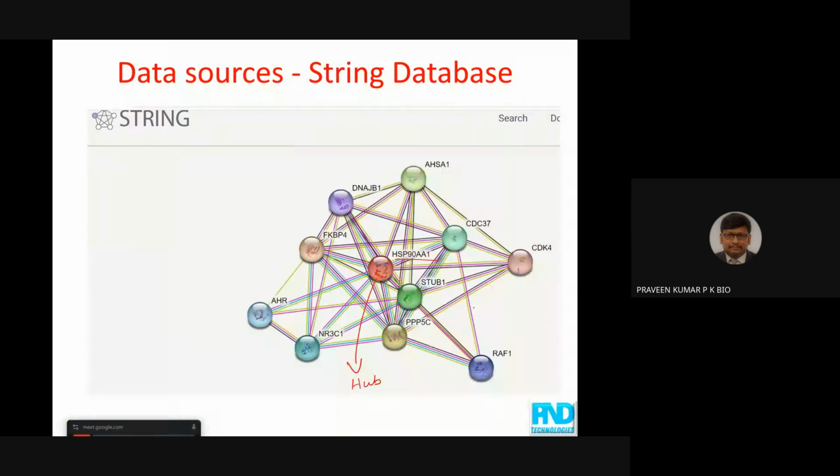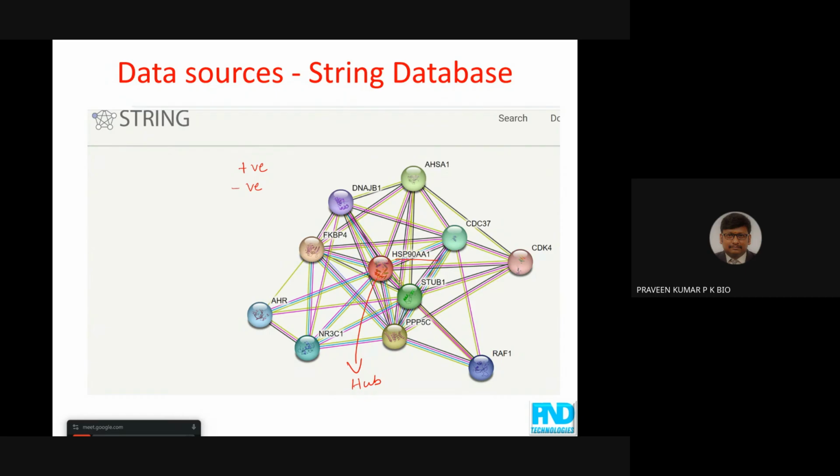And of course, these top 10 interacting proteins are selected based on positive regulation as well as negative regulation. Some proteins can give a kind of potential effect or a kind of negative effect, whether it is positively regulating the expression or negatively regulating the expression.